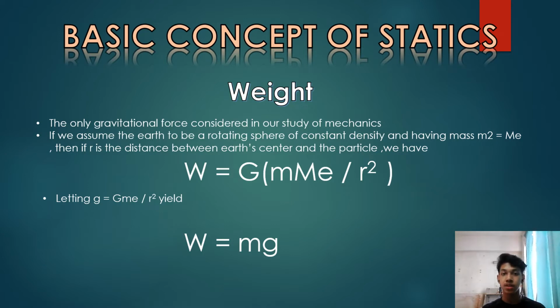If we assume the Earth to be a rotating sphere of constant density and having a mass m2 = Me, then if r is the distance between Earth's center and the particle, we have a new formula, W = G m Me / r². Letting g = G Me / r², we substitute g for G Me / r². Then we have the new formula, W = mg.